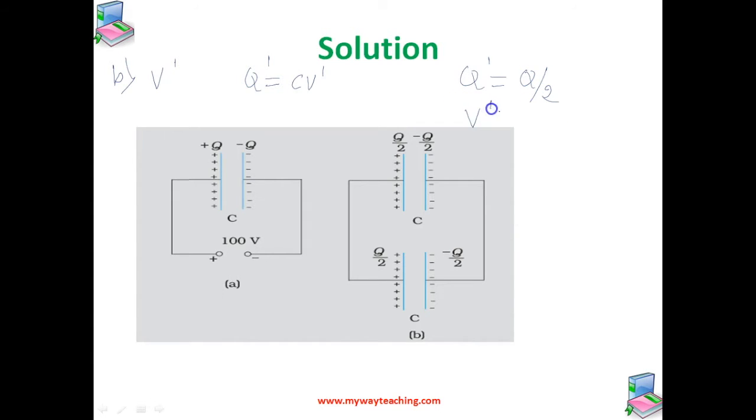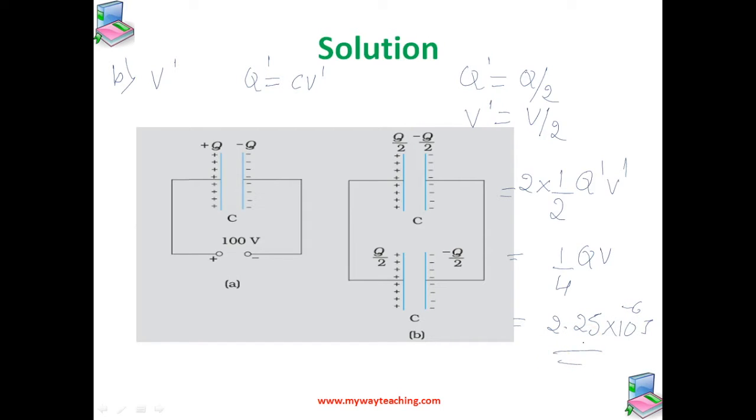So this implies V dash is equal to V by 2. So the total energy of the system will be equal to 2 into 1/2 Q dash into V dash, that is 1/4 QV, which gives 2.25 into 10 raised to minus 6 joules.